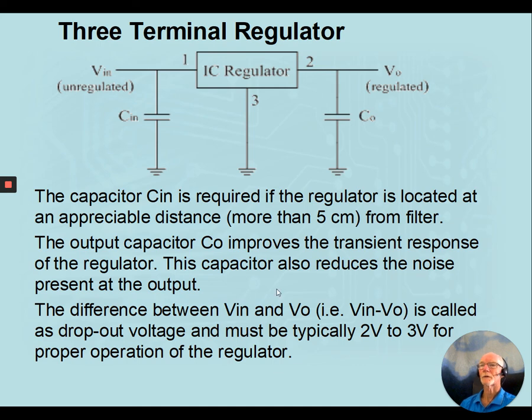The main difference, or the way they work, is that the voltage in has to be 2 or 3 volts above the voltage out. So, for example, if we have 12 volts in with a bit of ripple on it, plus and minus 1 volt, that would only supply a 9-volt regulator. So we normally need between 2 and 3 volts more in than we need to get out for this to work properly.